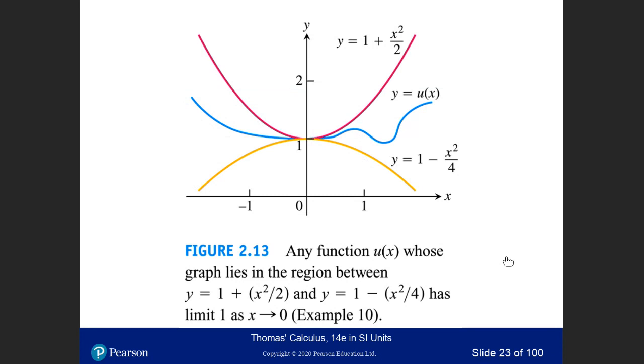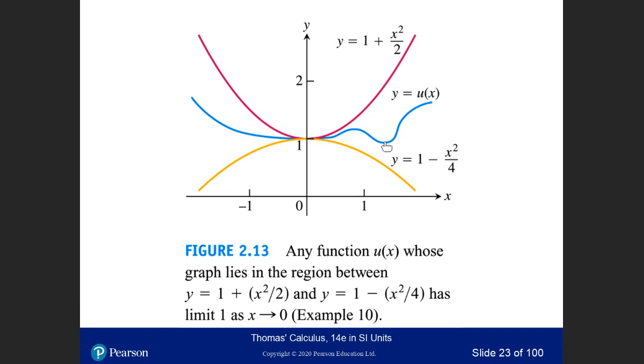And that's another pictorial representation of the sandwich theorem. You have y equal to 1 plus x squared over 2. That's a parabola opening upwards, and at 0 it is equal to 1. Here is another function, the yellow function, y equal to 1 minus x squared over 4, which is a parabola again, opening downwards.